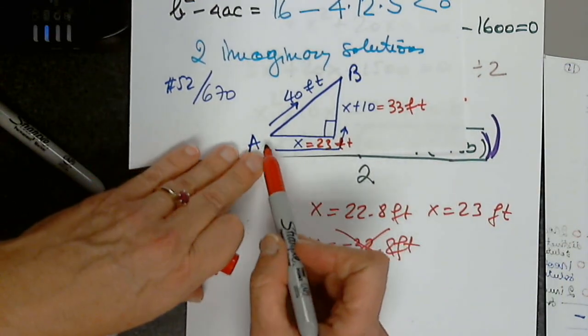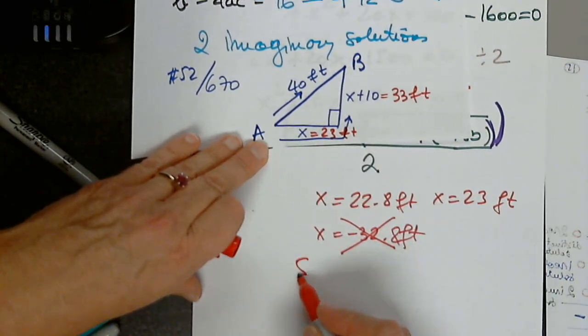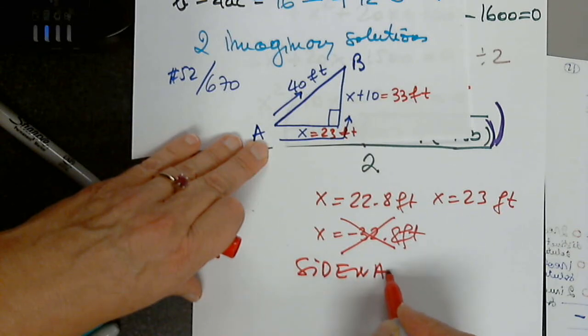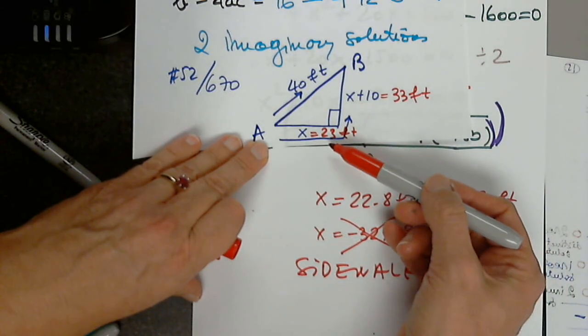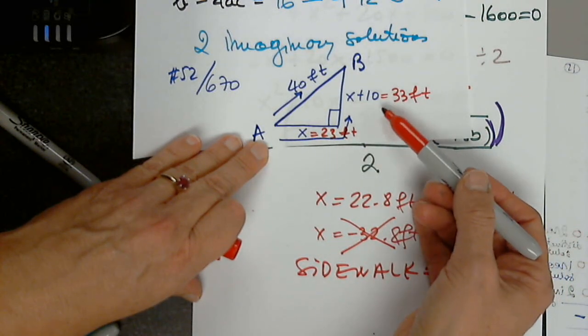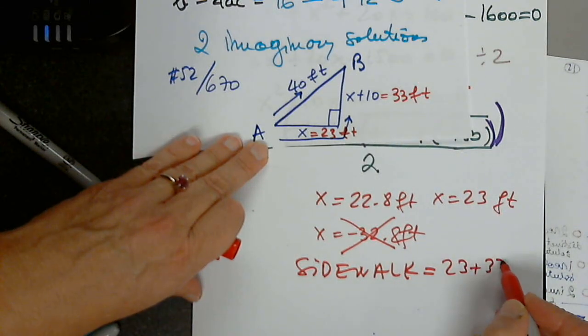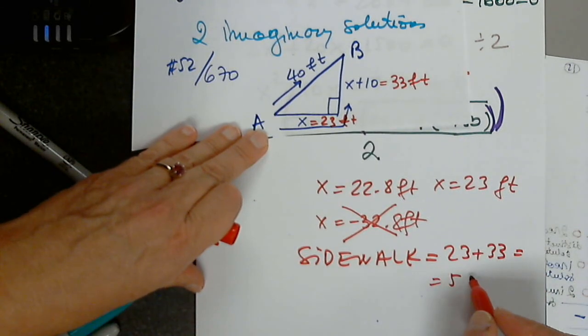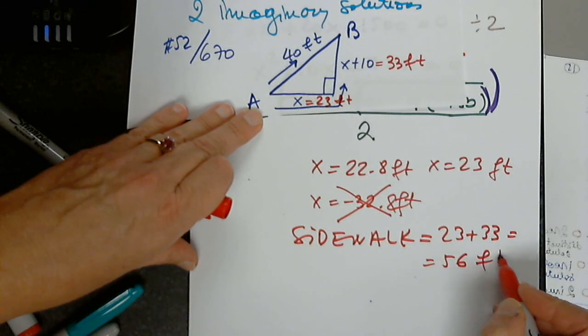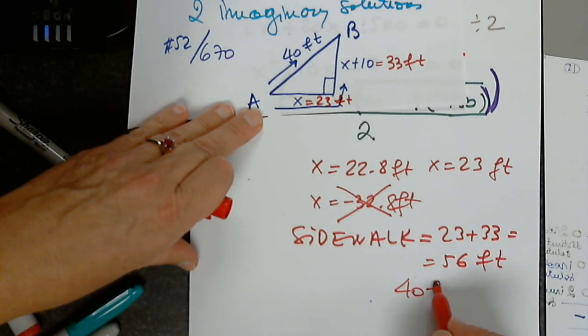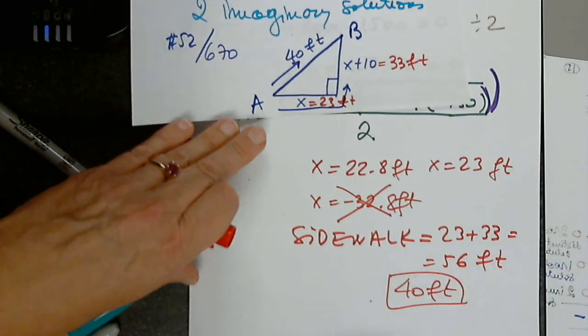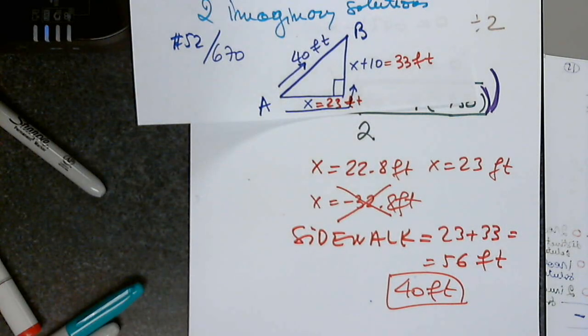So walking on the sidewalk gives us 23 plus 33, which is 56 feet. But the person cutting across the lawn will only walk for 40 feet.